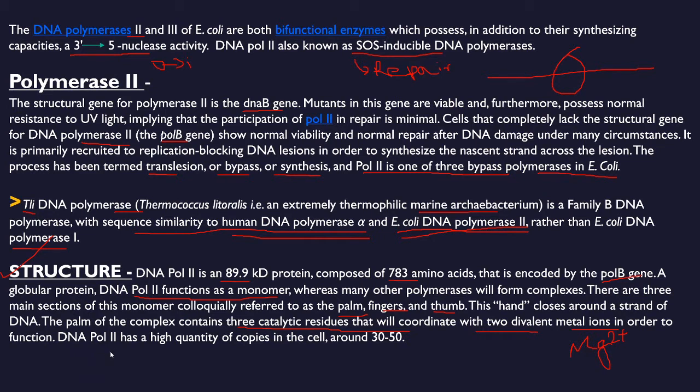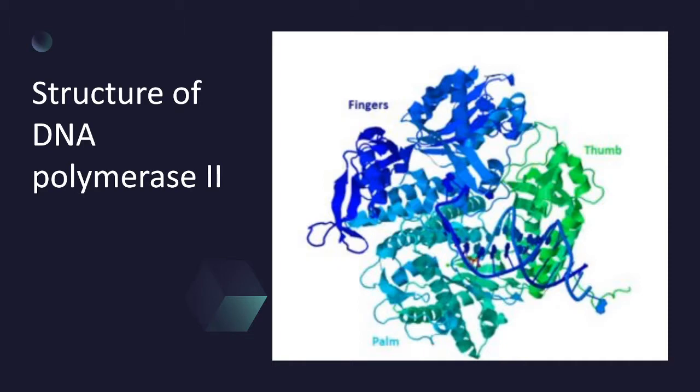DNA pol 2 has a high quantity of copies in the cell, 30 to 50. So this is the structure of the monomeric DNA pol 2. This is the finger domain, this is the thumb domain, and here is the palm domain. If it is the DNA strand, it closes its hand around it.